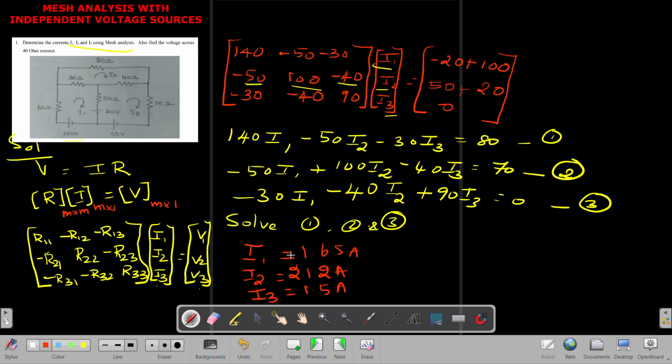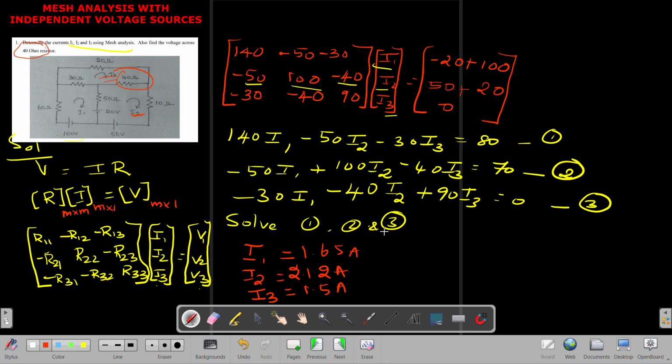Alright, so these are the mesh currents. Also they ask us to figure out the voltage across the 40 ohm. That can be found by using Ohm's law, and you can see that the 40 ohm is between mesh 2 and mesh 3.